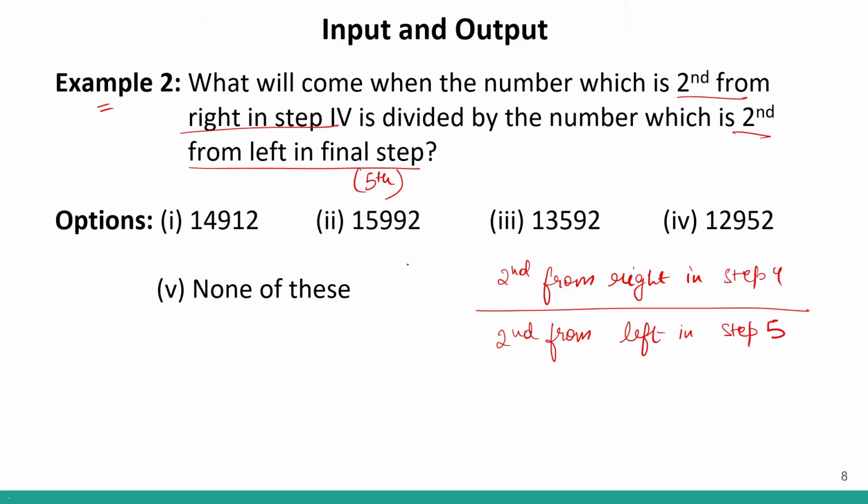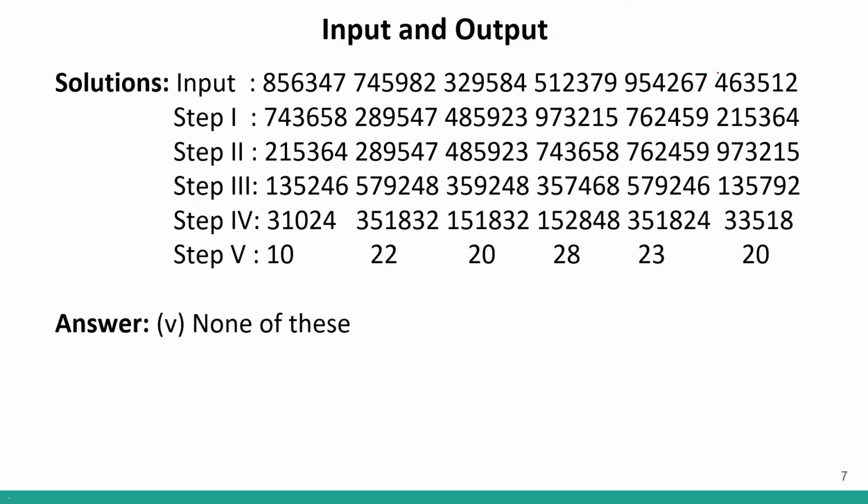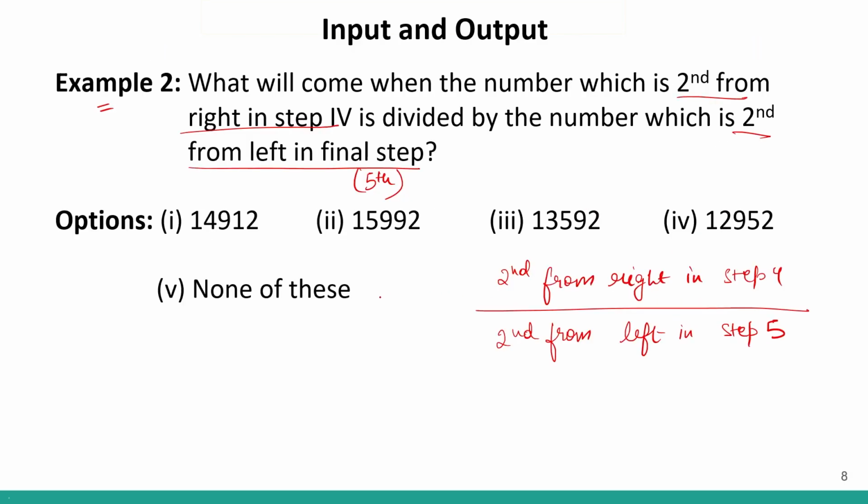So first let us look at second from right in step 4. This is your right, this is your left. So second from right in step 4 is this number, which is 351824, correct?